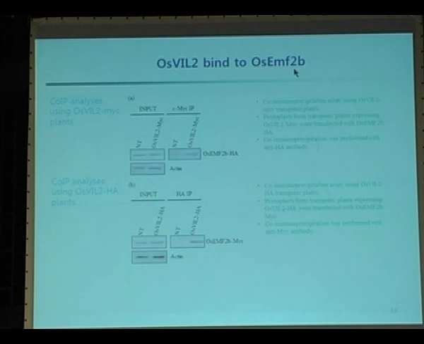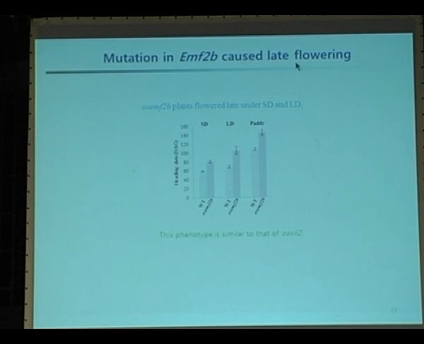I'll tell you later why we did that. And you can see that this is a co-immunoprecipitation analysis showing that BIL2 actually binds with EMF2B. The reason we did this was that the EMF2B mutation has exactly the same phenotype as the BIL2 mutant. In other words, it shows late flowering under short day and long day, and in the paddy field.